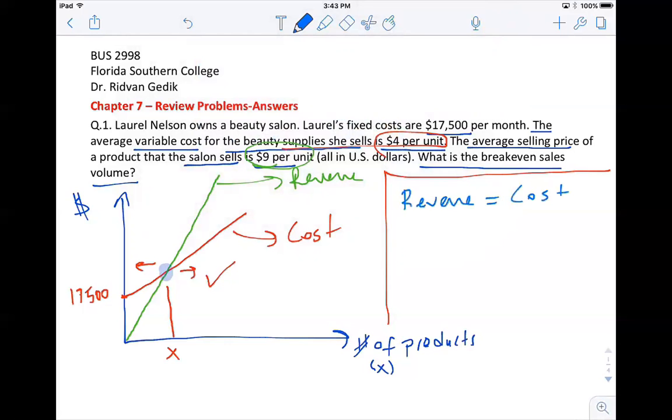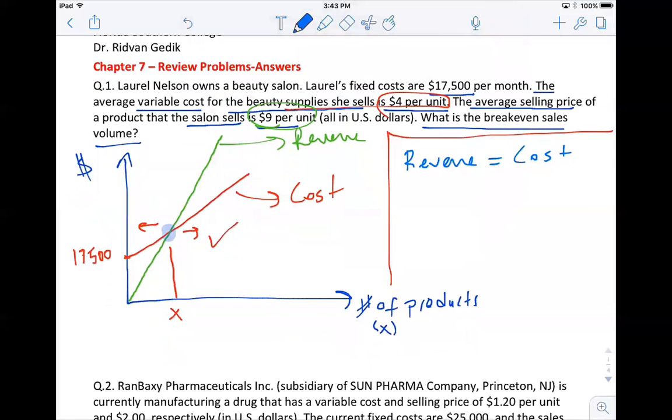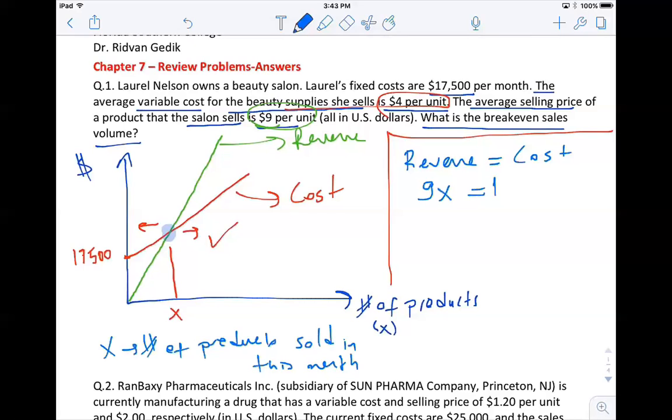We can represent our revenue. Our x would be, in this case, the number of products sold in this month. Our revenue is 9 times x, and our cost would be the fixed cost plus our variable cost times x.